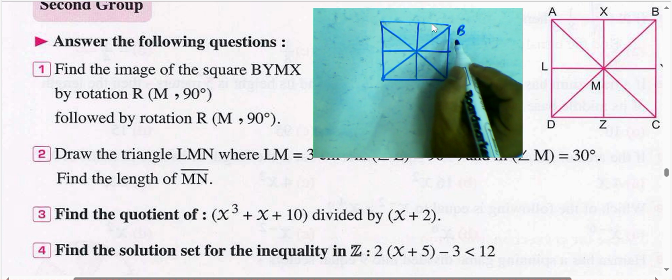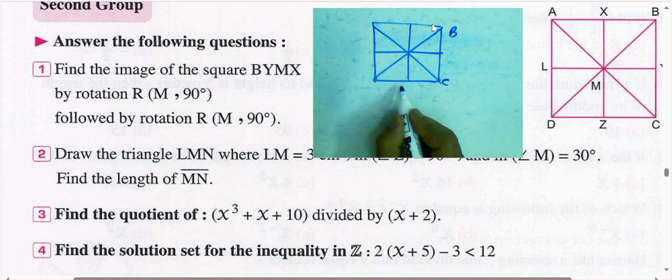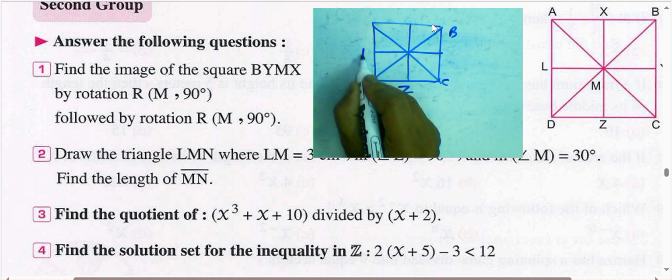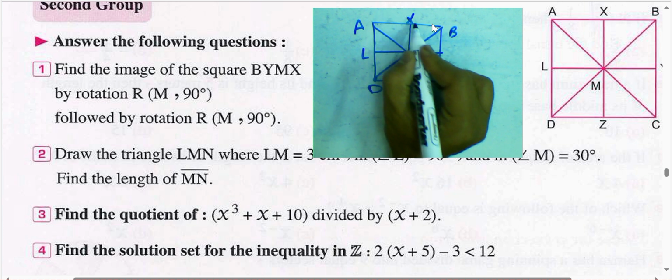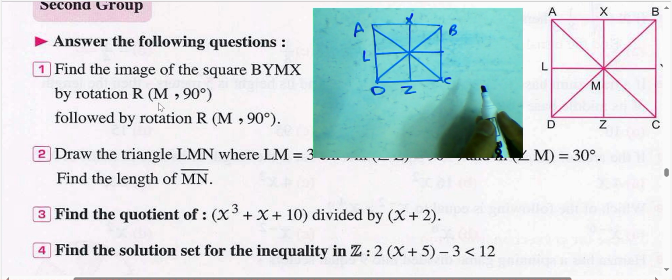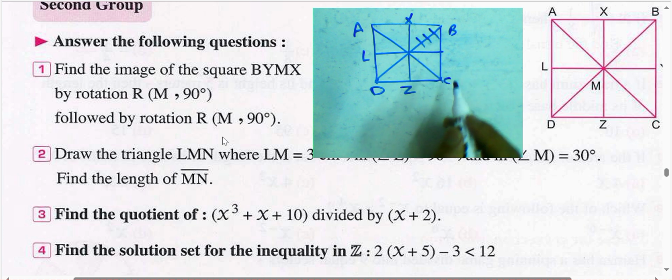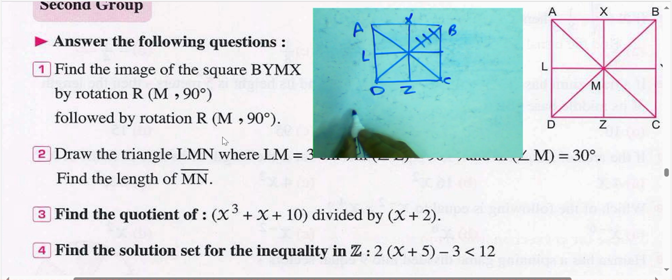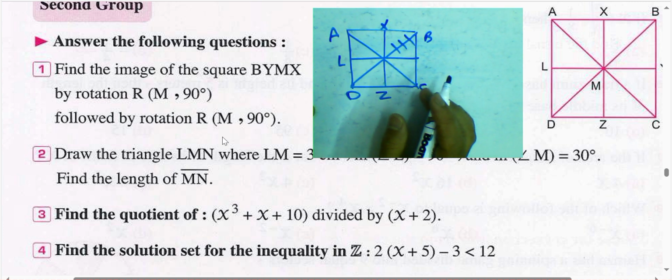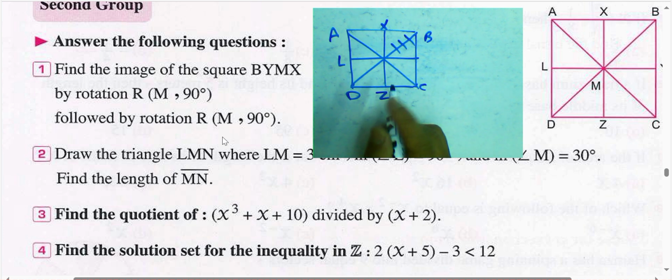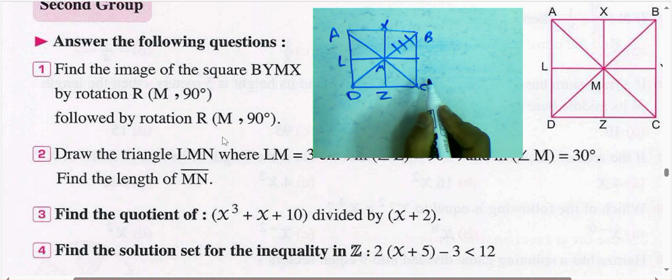We have B, Y, M, X, and A, L. Now we can find the rotation of this square. We want to find the rotation around the center M by angle 90 degrees.